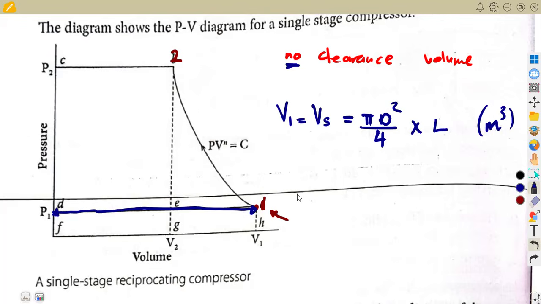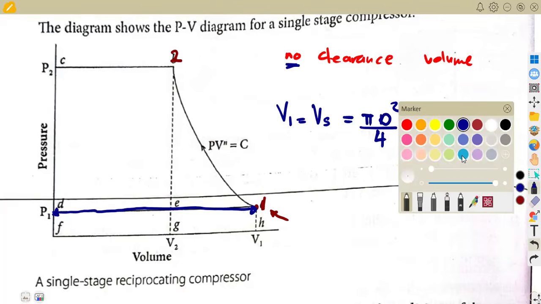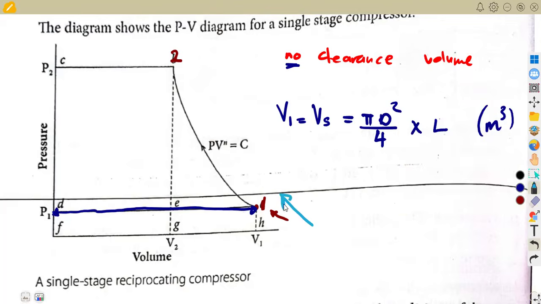There is another volume that they will give us, and that volume enters also at the inlet just like V1. But that one is entering per unit time. Volume per unit time.